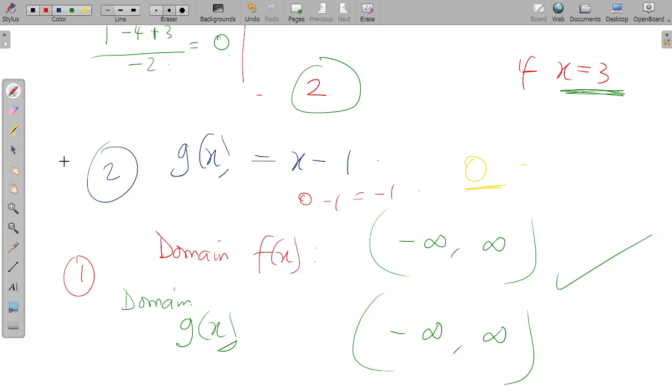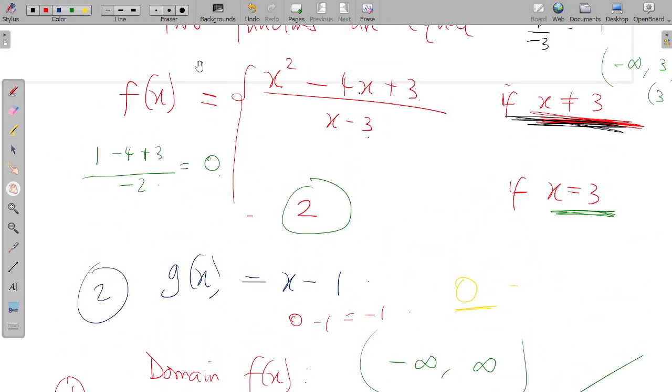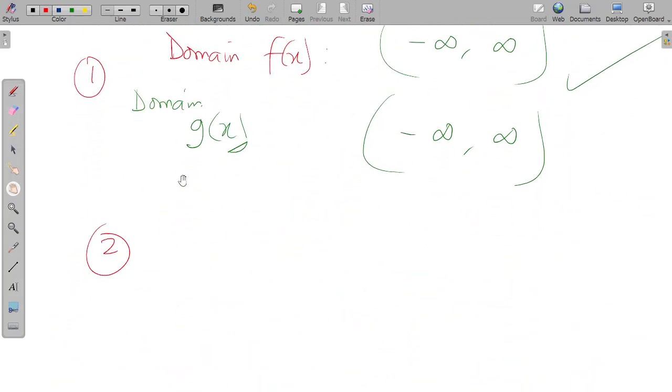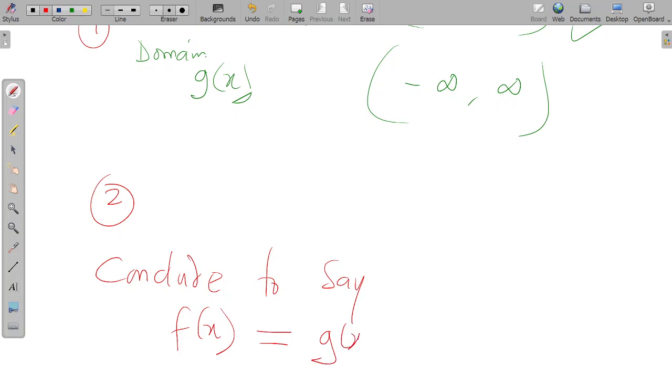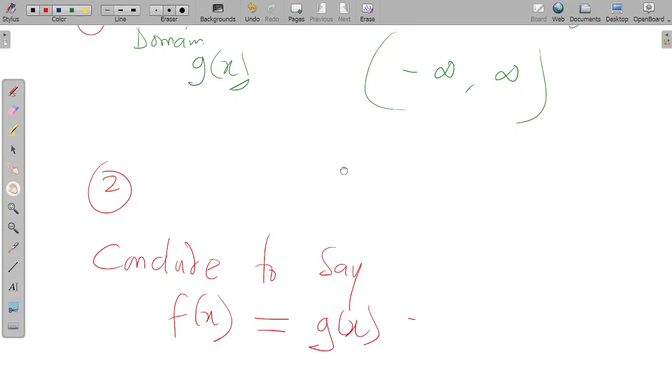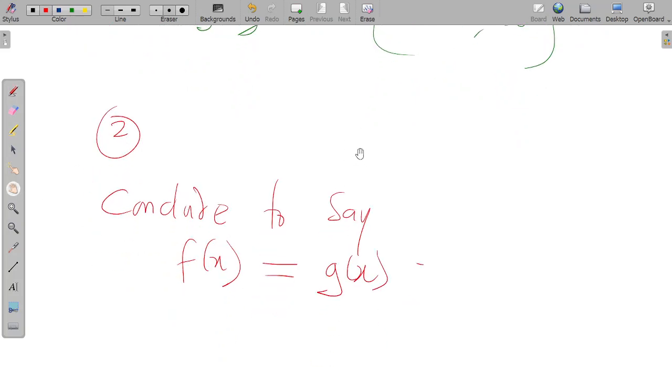So you see, for every x put into f of x and into g of x, I'm getting the same output. Because of that, I can conclude that f of x is equal to g of x because the two conditions are satisfied.